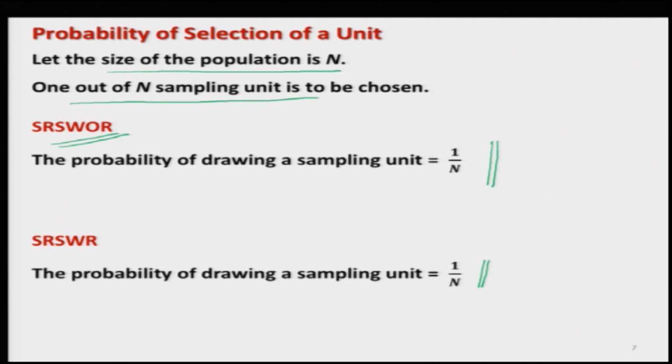Now, at this stage there is a confusion. When you draw a sample by SRSWOR, we say that the probability of selection of a unit is equal to 1 upon capital N, where capital N is the population size. But when you have drawn the first unit, the total number of units remaining in the population is only N minus 1, not N. So how is it possible that once you have drawn the first unit, the remaining units still have the same probability 1 upon N?